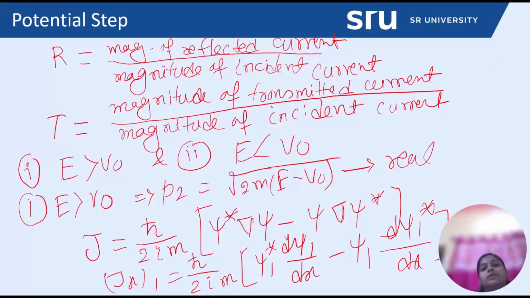So if we use the solution of psi 1, and we do the first derivative of psi 1, d psi 1 by dx, and put these values, we can get this current density jx1.